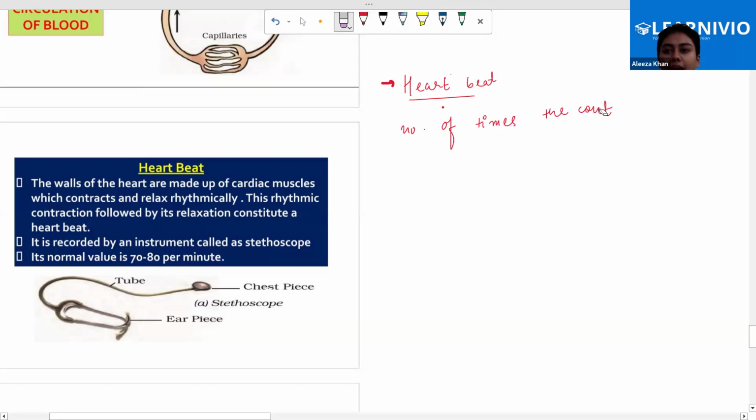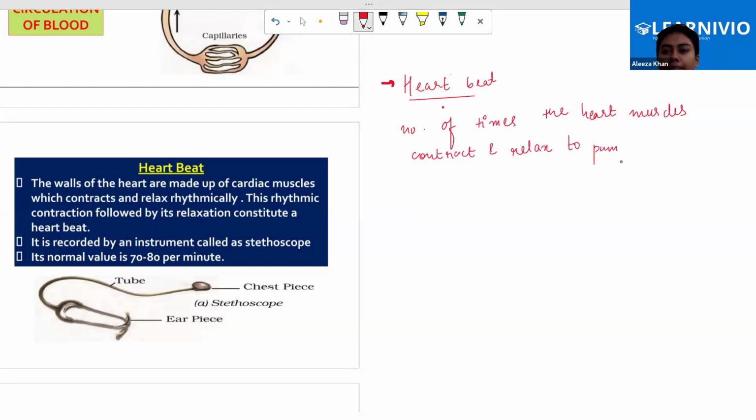Because ultimately the heart muscles are responsible for the contraction and relaxation.